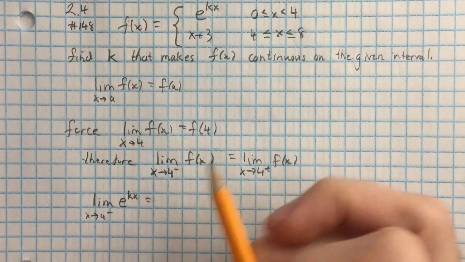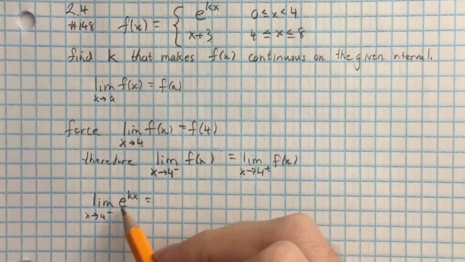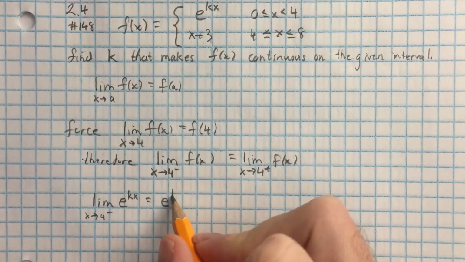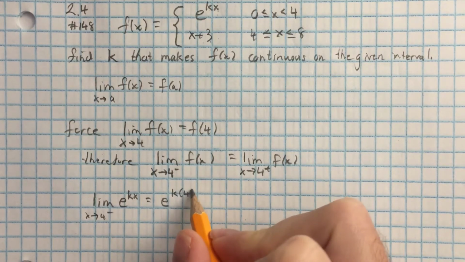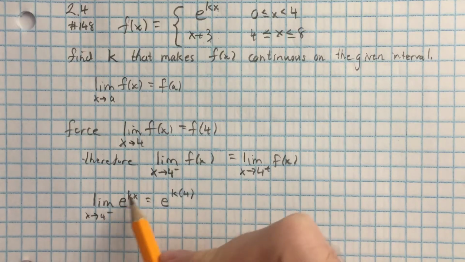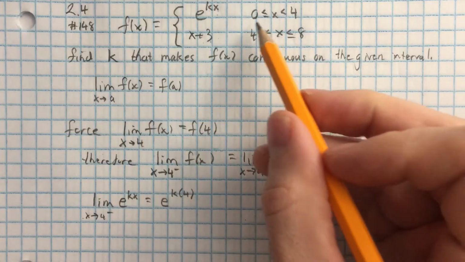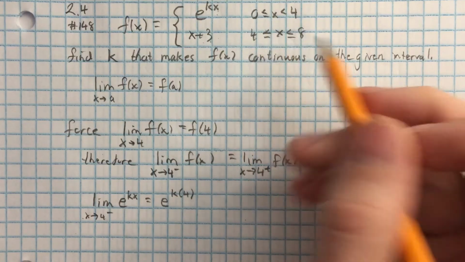So therefore, as long as we're to the left of 4, e to the kx is going to certainly approach e to the k times 4. It's a simple substitution, because this part of the function here is continuous on the 0 to 4 interval.